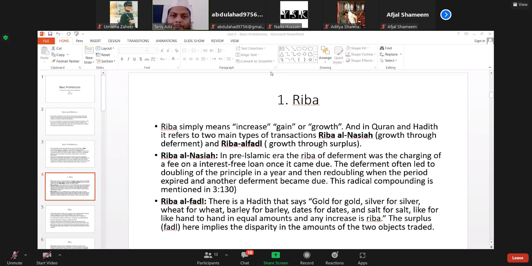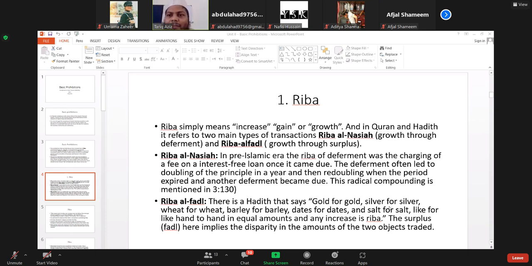If I give you gold today, you cannot return the same gold in future, because this has been prohibited. This rule applies to all commodities mentioned in the hadith: gold, silver, wheat, barley, dates, and salt.